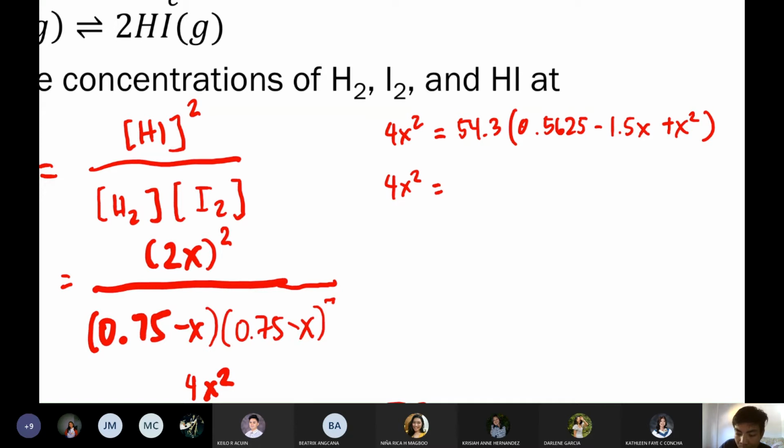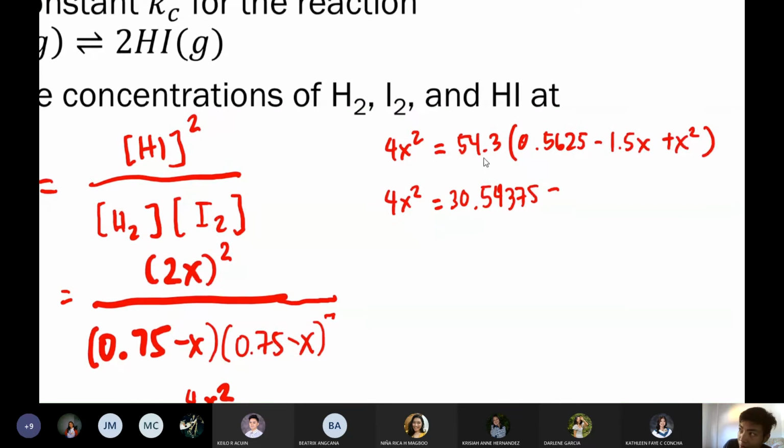That is equal to 30.54375 minus 54.3 times this term, times that term, it will be negative 81.45x. And then lastly, we have 54.3 times this term, plus 54.3x squared. Okay.